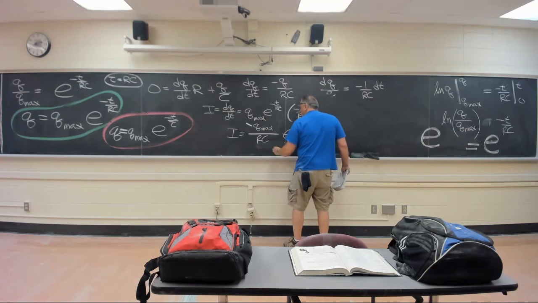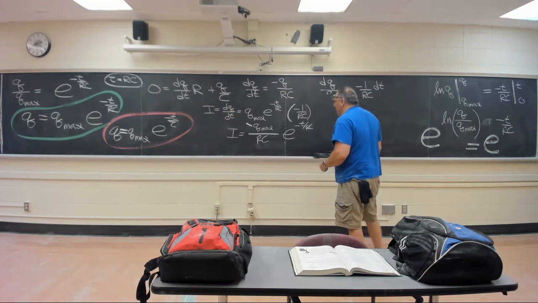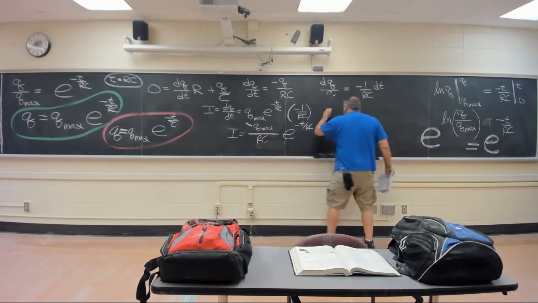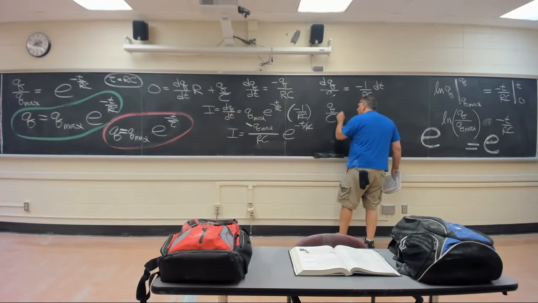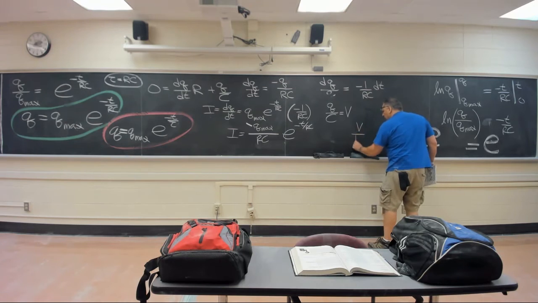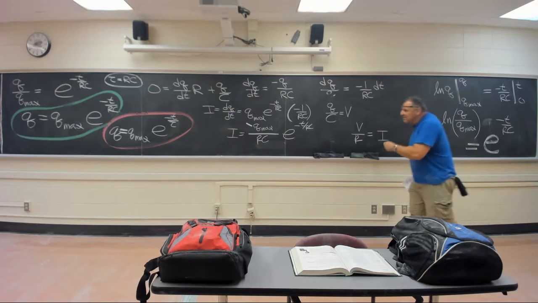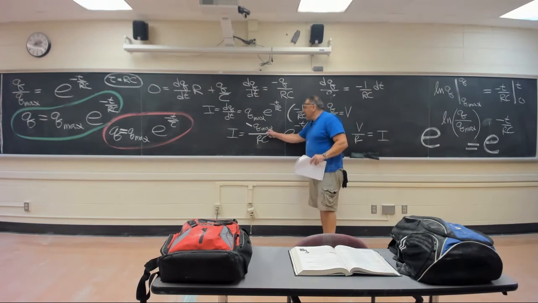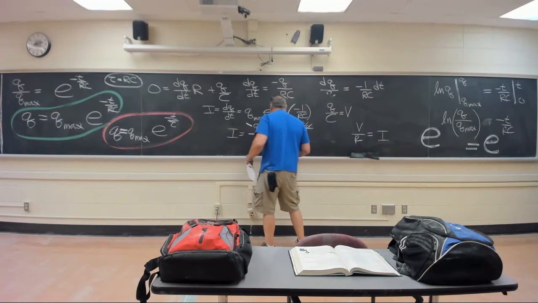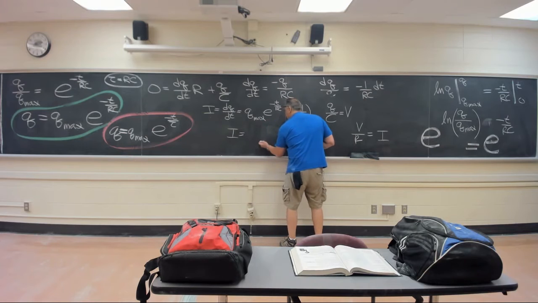That's no problem. What is Q over C? Q over C is voltage. Q divided by C is voltage. Then you got voltage over resistance. That's current. So that comes out in terms of current, comes out to the maximum current that you could have. With a maximum voltage divided by R is a maximum current associated with it.